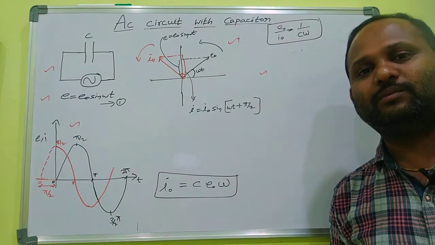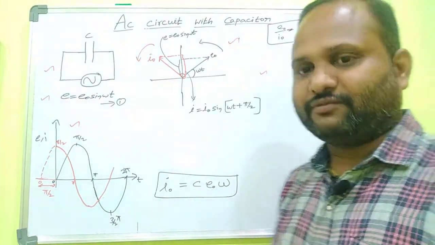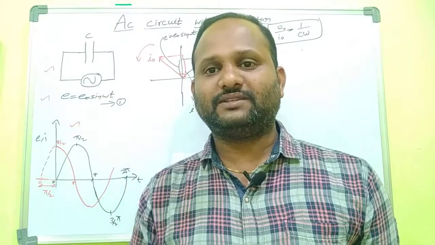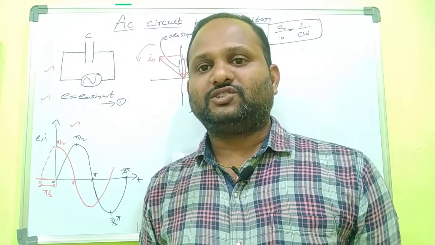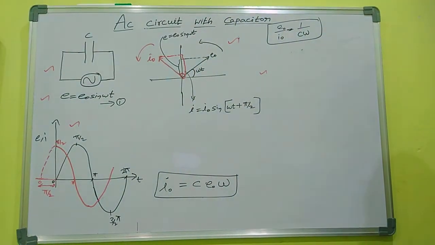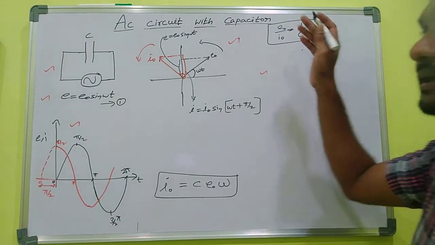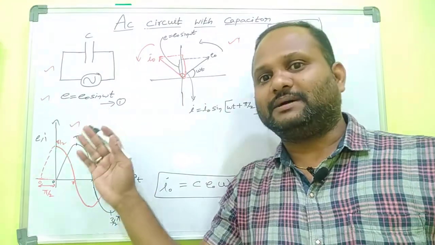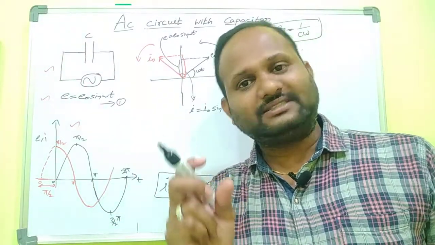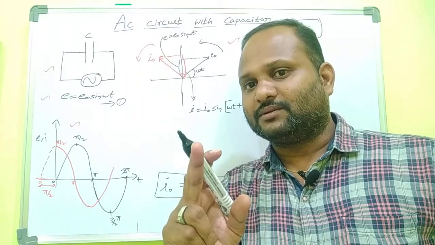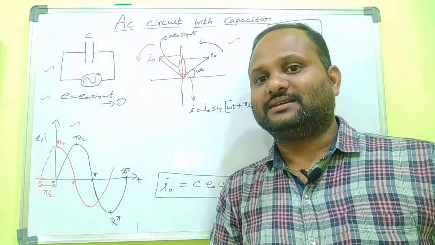What is 1 by C omega? Omega is the angular frequency, C is the capacitance. The angular frequency may vary, but the capacitance for a particular capacitor is constant. Last time we discussed omega L, the inductive reactance.